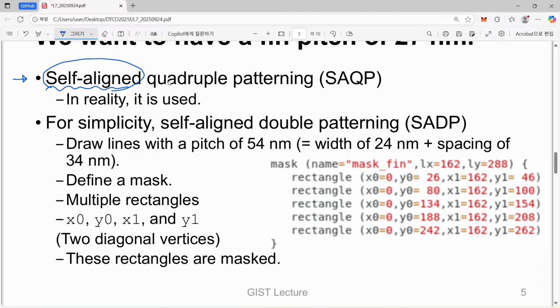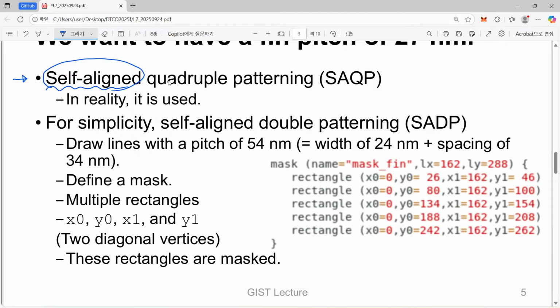So self-aligned means that we do our lithography only once. Once we do a certain lithography, we will have a pattern on our wafer. Then, depending on that pattern, we want to do certain additional patterning using that existing pattern.